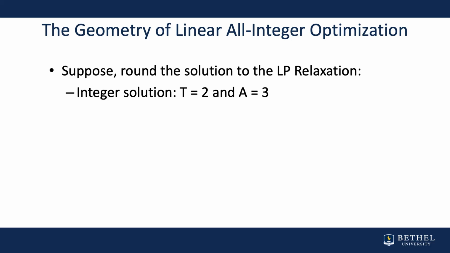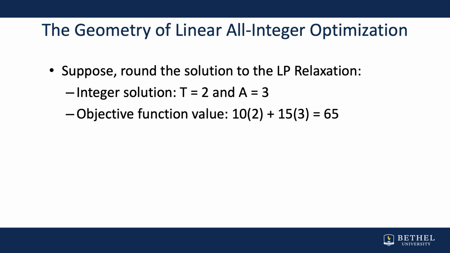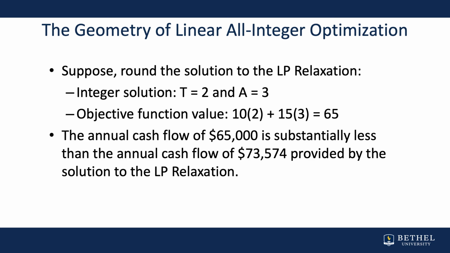Suppose we round the solution using this process, and we use 2 townhomes, and we use 3 apartment buildings. We put that into our objective function. We have 10 times 2 plus 15 times 3 is equal to 65. The annual cash flow of $65,000 is substantially less than the annual cash flow of $73,574 based on the optimal solution.